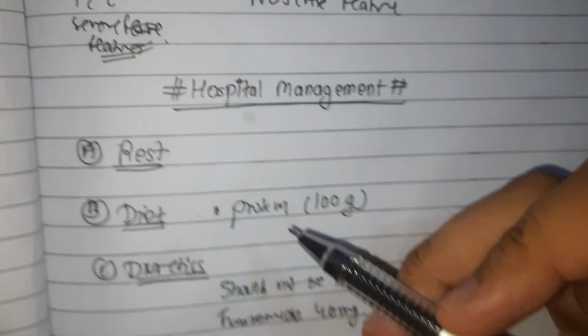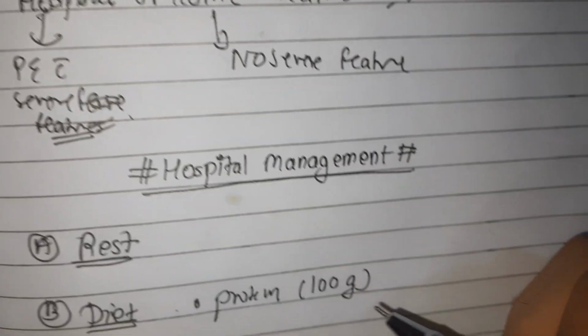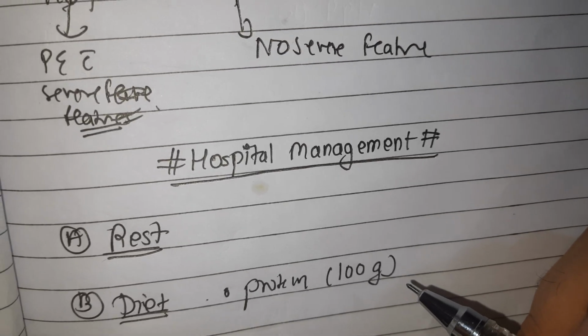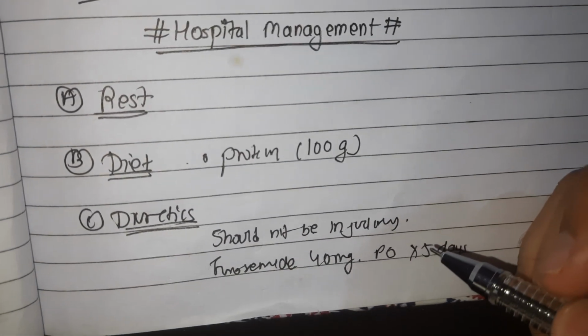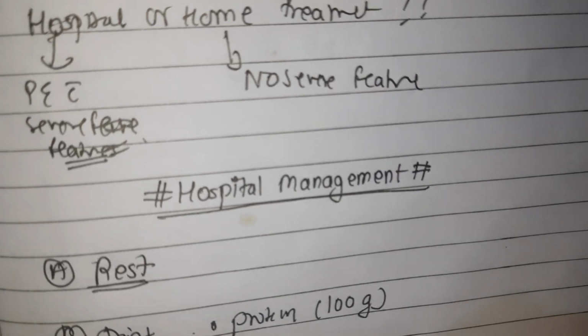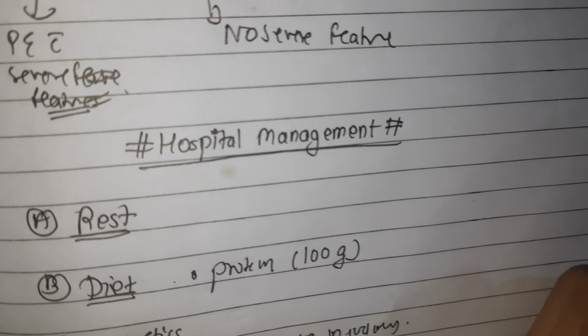After rest, we have the diet. The diet should contain an adequate amount of daily protein, about 100 gram, and low salt intake is permitted. Food need not be restricted. Diuretics should not be used routinely as they can harm the baby by diminishing placental perfusion and by causing electrolyte imbalance.